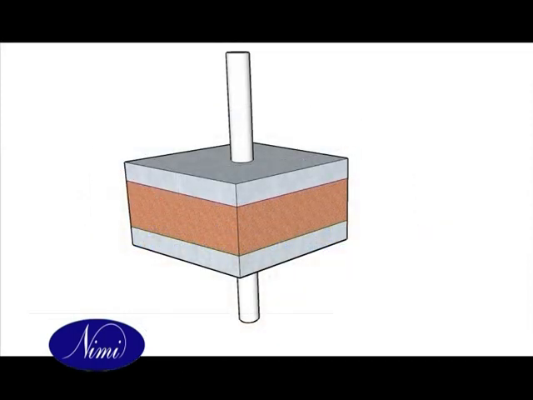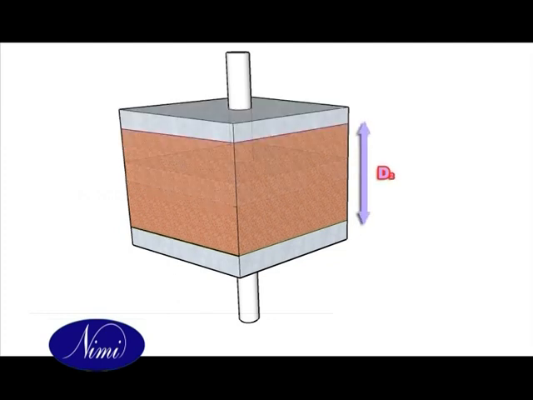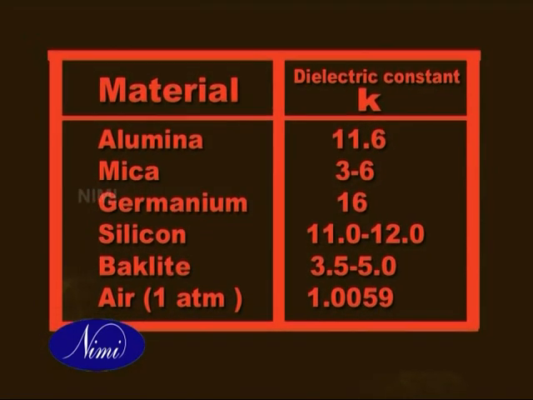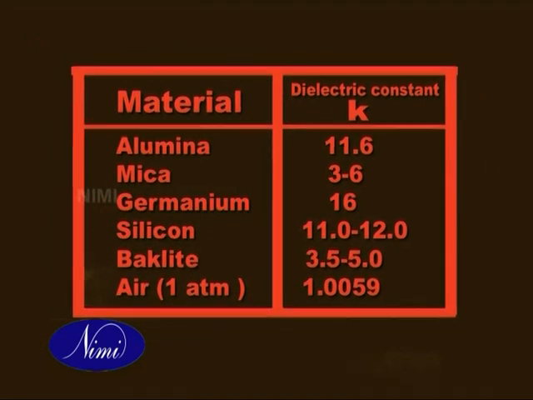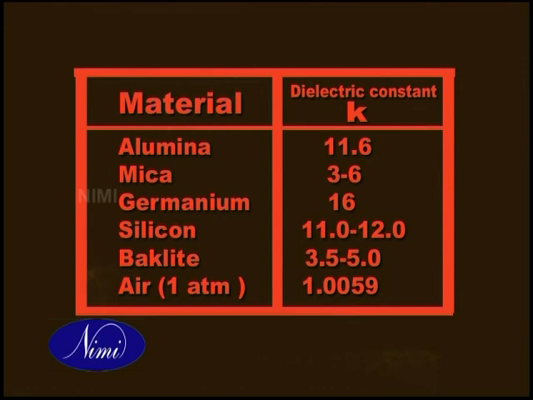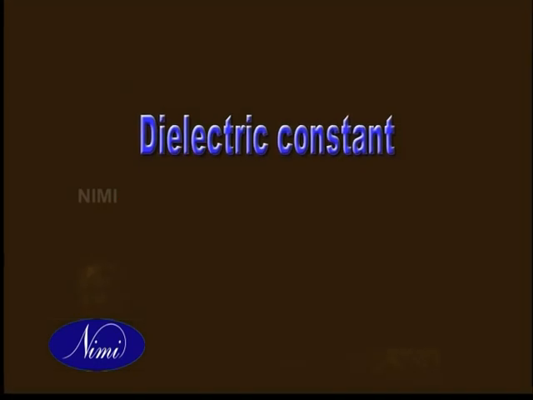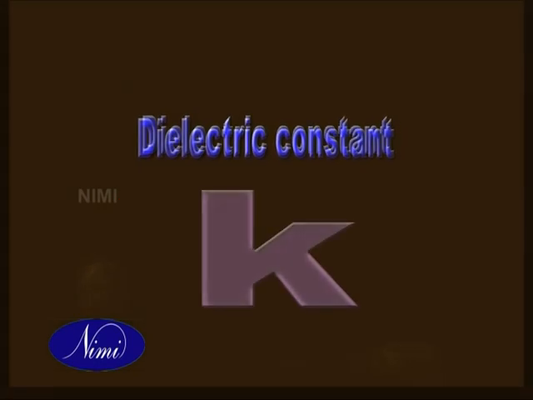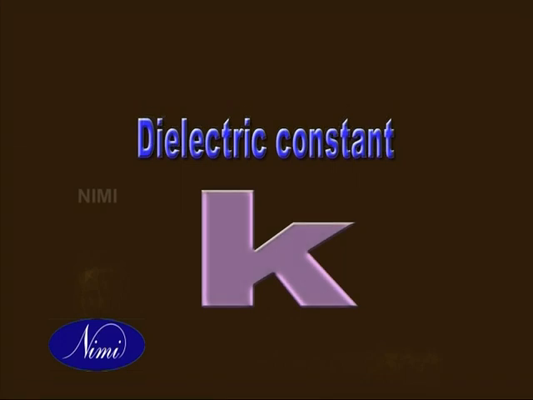The strength of the electric field between the plates decreases when the distance between the plates increases. The ability of a dielectric material to distort and store energy is indicated by its dielectric constant, represented by the letter K.